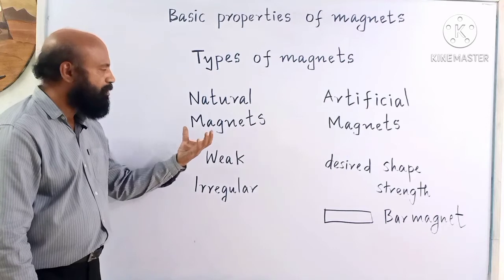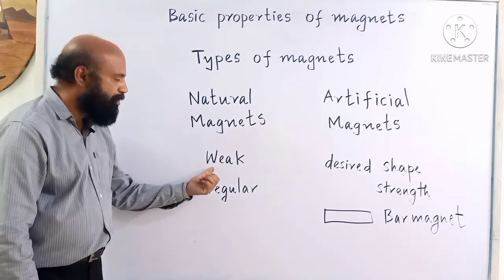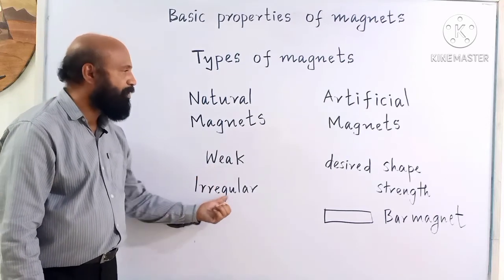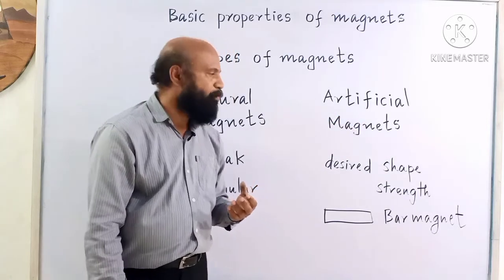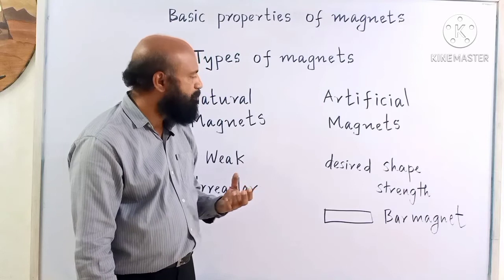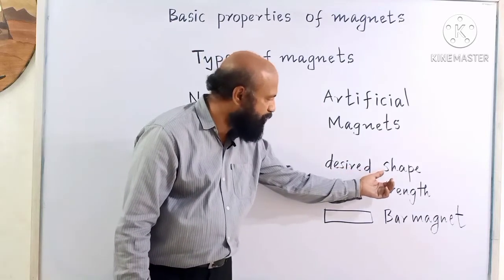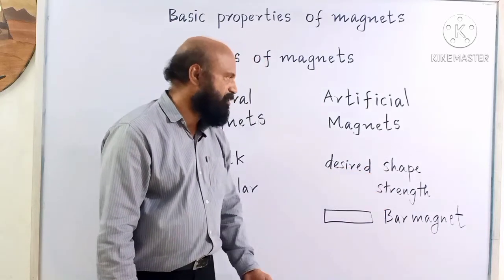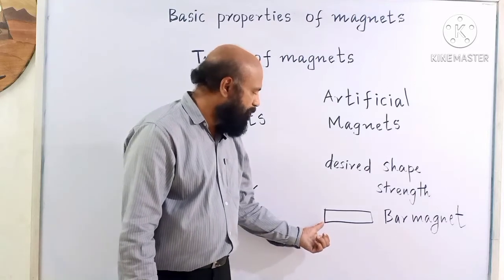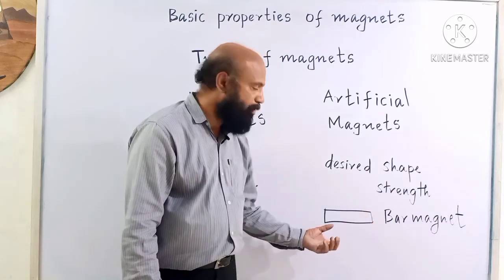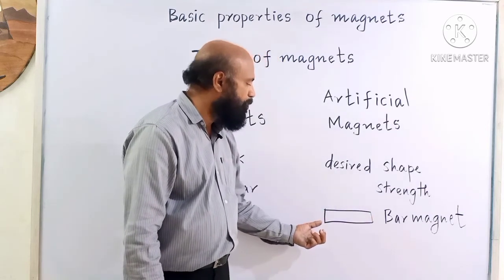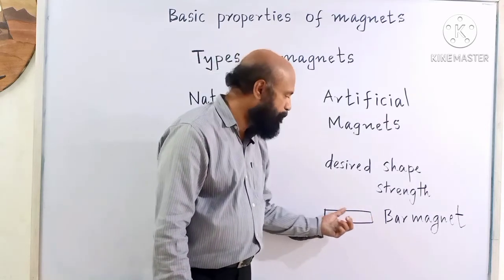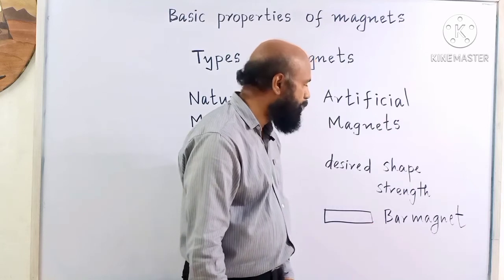So it's a natural magnet, weak and irregular. Then artificial magnets. We can make magnets of desired shape and strength. If the magnet is in the form of a cylindrical or rectangular shape, it is called a bar magnet.